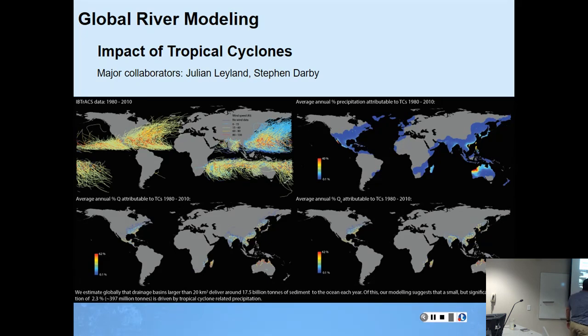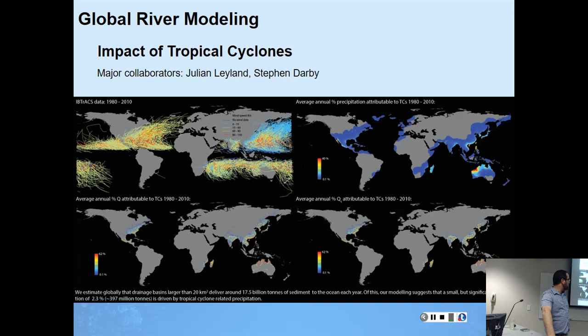This is for sediment, I should say, and the maps look very similar because what's really driving the differences in this experiment is water discharge. So we come up with an initial estimate that tropical cyclones contribute 17.5 billion tons of sediment to the oceans. I don't know if it's a realistic assessment at this point. Over what period, I forgot, but probably the 30-year simulation.